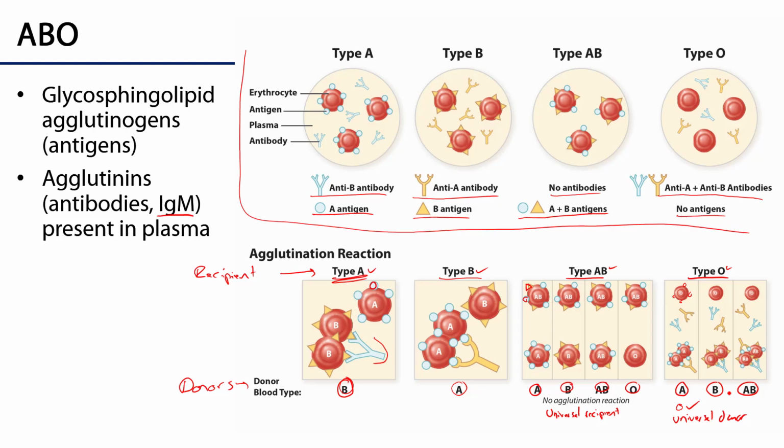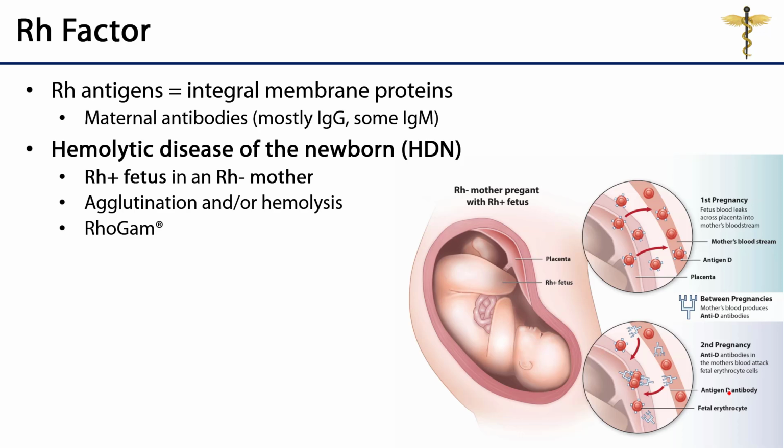All right, let's switch gears and look at another blood group. This is the Rh factor. Now, you probably have heard of blood types like A positive or A negative or O negative or AB positive. That positive or negative is in reference to the Rh factor. The Rh factor has many different potential epitopes of different letters.